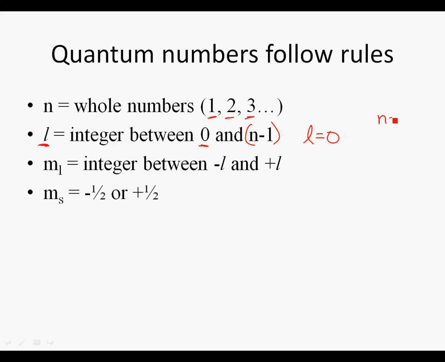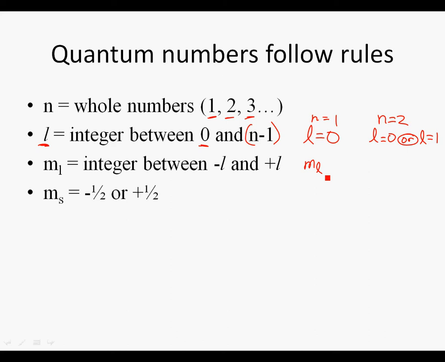For the second energy level, when n equals 2, you could have l equal to 0, or you could have l equal to 1. So you have two possibilities for the l quantum number in the second energy level, and so on. m sub l can range over any integer between negative l and positive l.